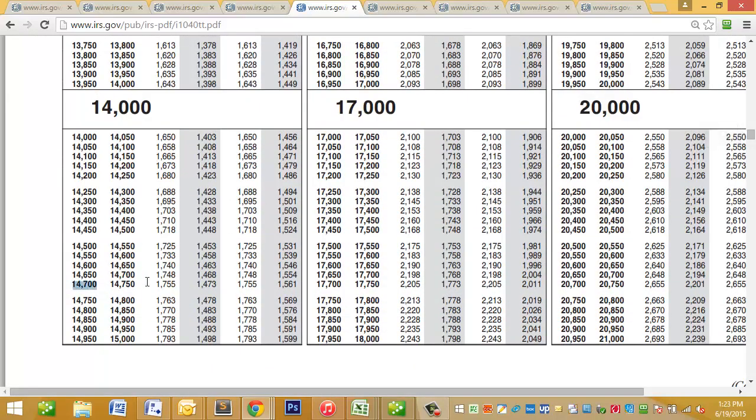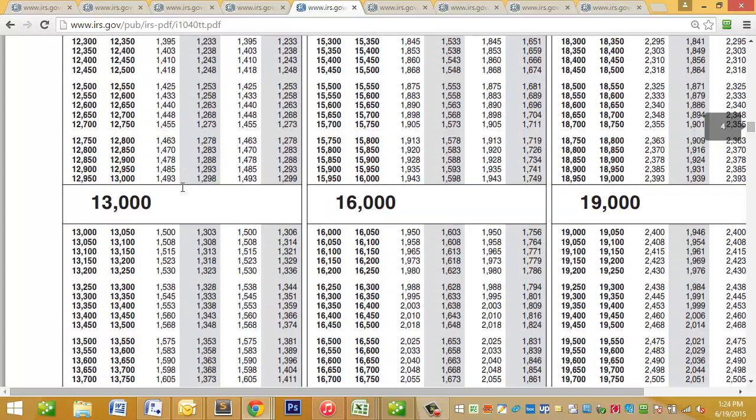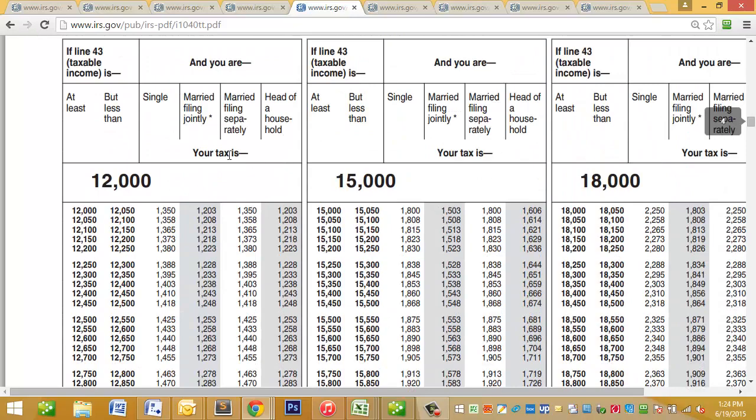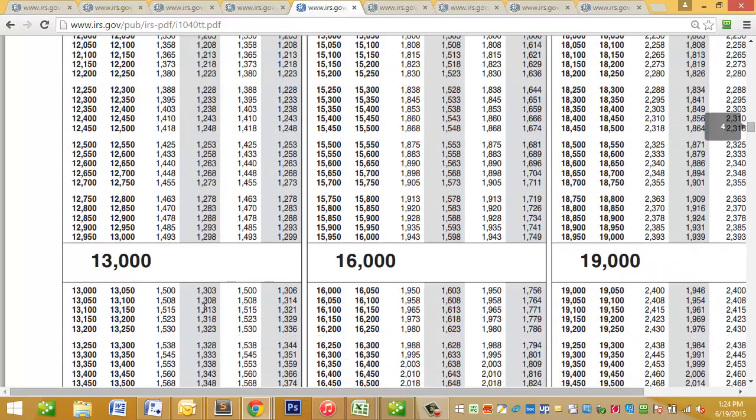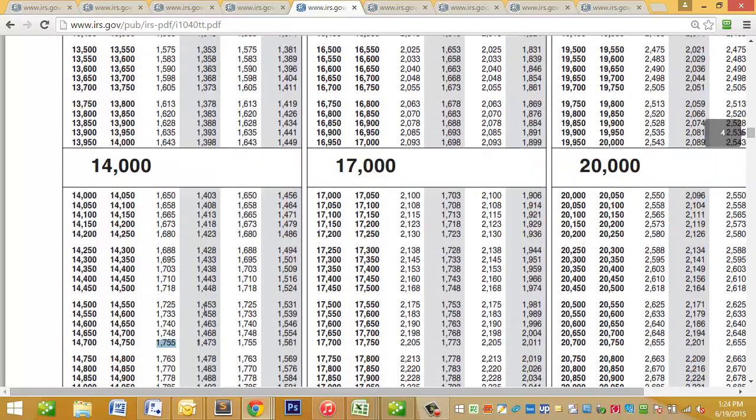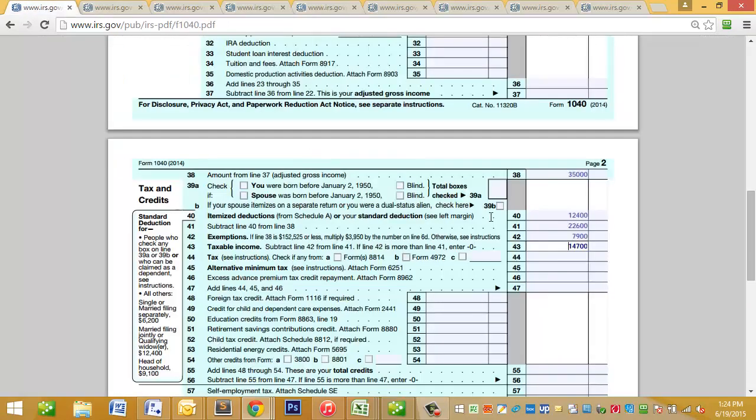There's our 14,700 here. And then these four columns are married filing jointly, married filing separate, single, and head of household. So married filing jointly, you scroll down to 14,700, and the tax is $1,473. Which is almost just about 10%, right? So you go 1473, that's your tax.